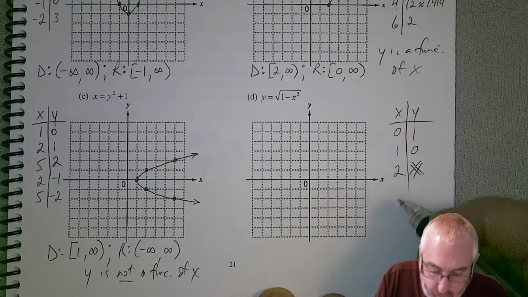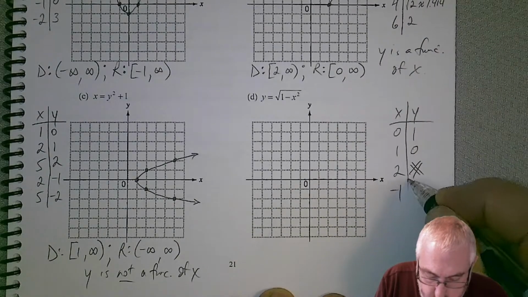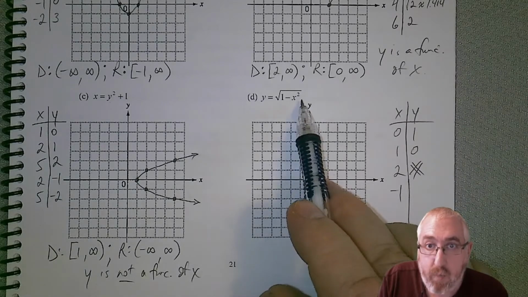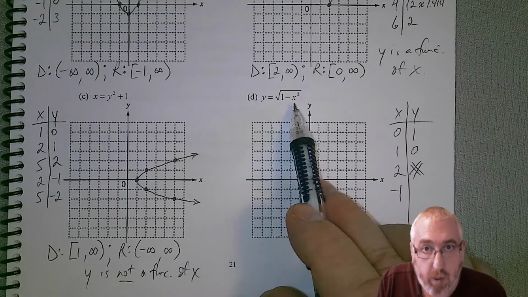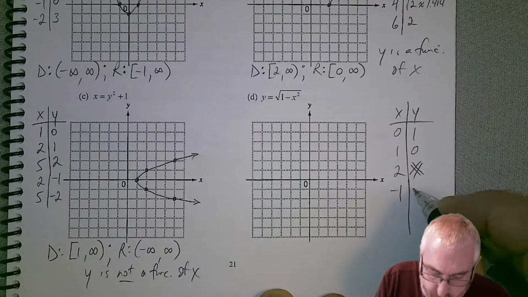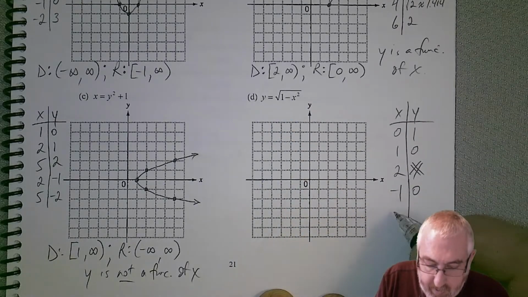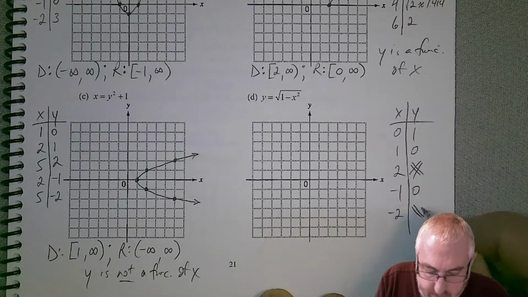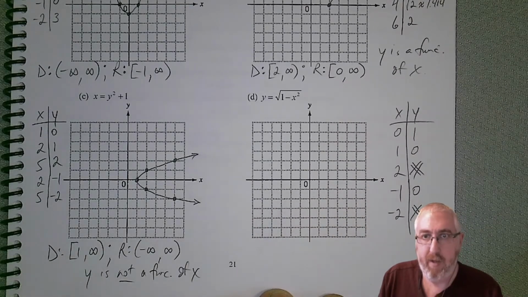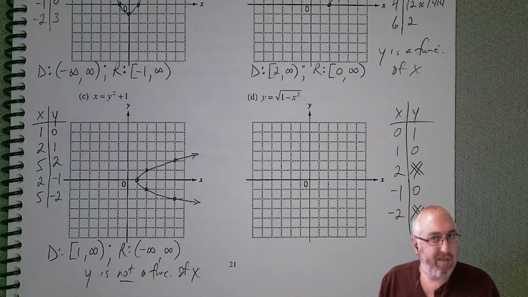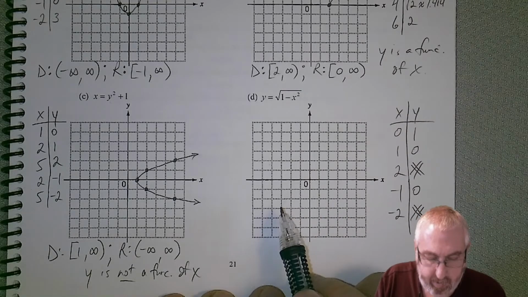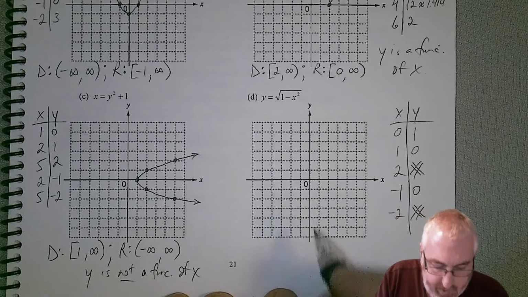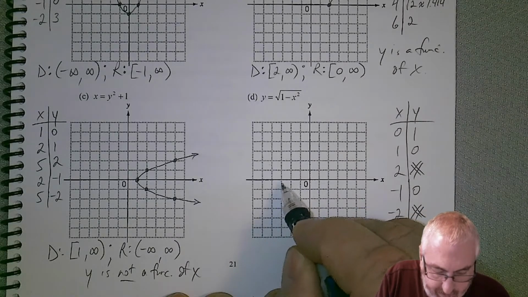All right, let's go negative 1. Negative 1 squared is positive 1. 1 minus 1 is 0. Square root of 0 is 0. Negative 2, you can probably guess, is a problem. So we're really stuck here. Now, just to make it a little bit easier to see, let's scale it by 3s.